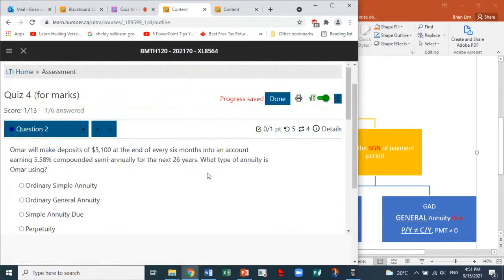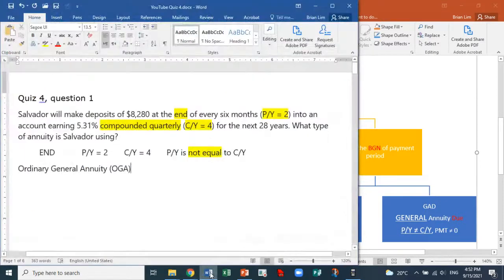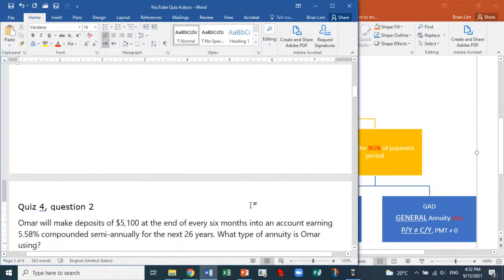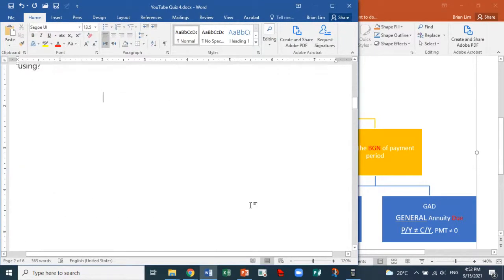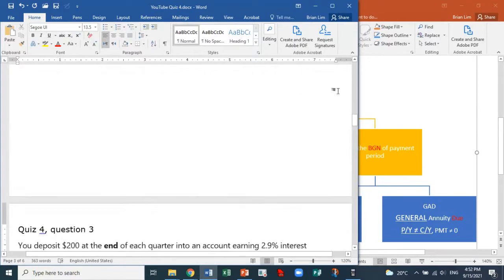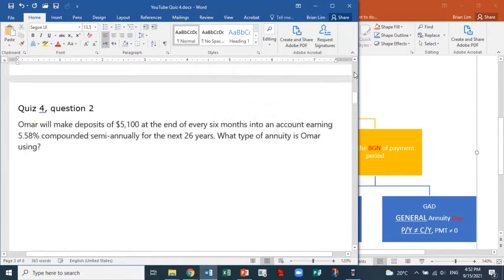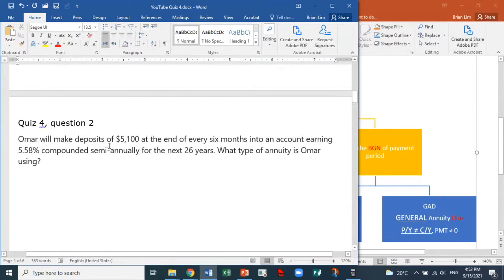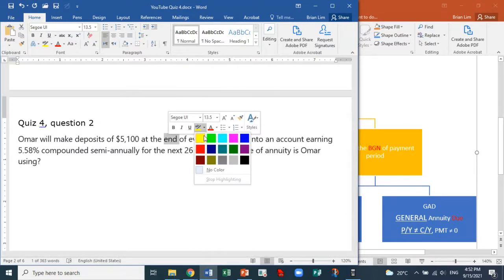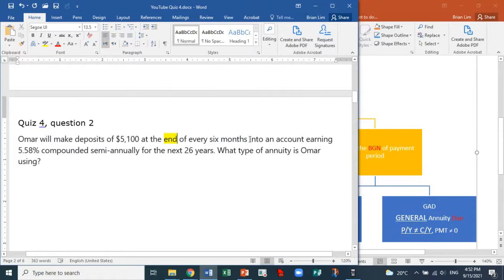Okay, next one. Question number 2. I've copied this also. So let's go to the Word document, and here we are. We have question number 2. Okay, deposits are made at the end, so there we have end again. All right, of every 6 months. So this tells us that what?